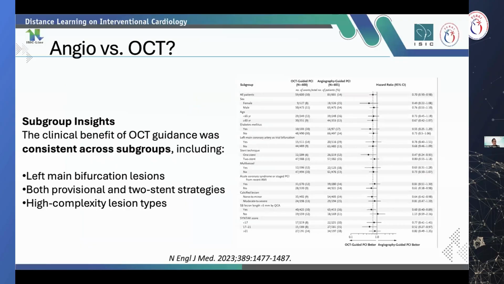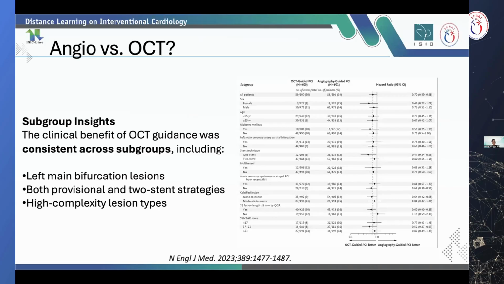If we look at the subgroup analysis, the clinical benefit of OCT-guided PCI was consistent across subgroups, including left main bifurcation lesions and both provisional and two-stent strategy groups. This data also highlights high complexity lesion types in this trial.